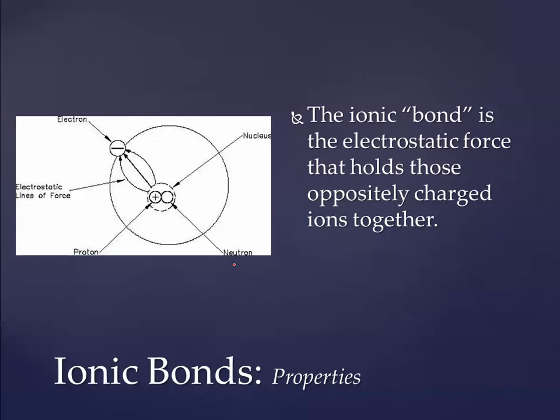If they have a different sign, so a positive and a negative, the force between them is attractive. So you have a strong electrostatic force between the nucleus of an atom and the electrons. So they are going to be attractive. So these lines here, the curved and the straight lines, show the electrostatic lines of force.